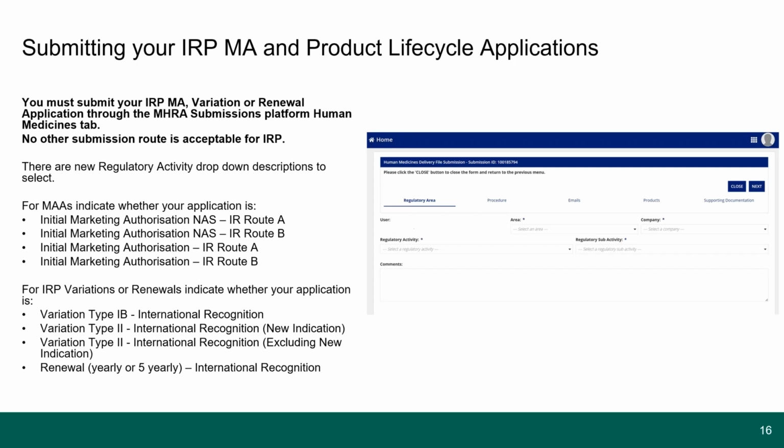So you choose the appropriate one. There is a split in the variation type 2 to include if your type 2 includes a new indication, or if it excludes new indication. Next slide, please.